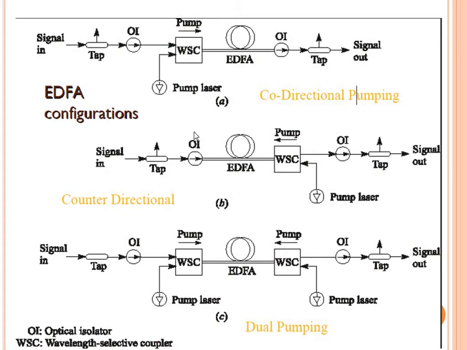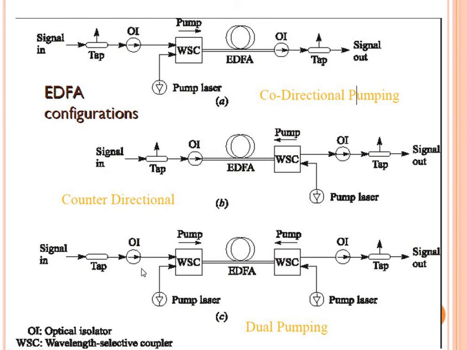It is also possible to inject the pump power in the opposite direction, as shown here. The pump signal is opposite to that of the input signal. This configuration is called counter directional pumping.